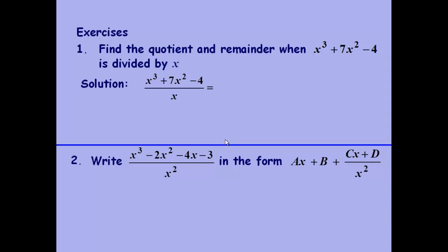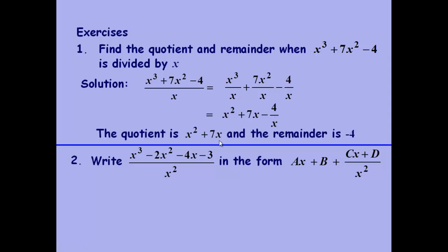Okay, the solution to the first one, split it up like so. x into x cubed is x squared, x into 7x squared, well this x will cancel, we'll lose the squared, minus 4 over x. This part being the quotient, and the remainder is the minus 4 here.